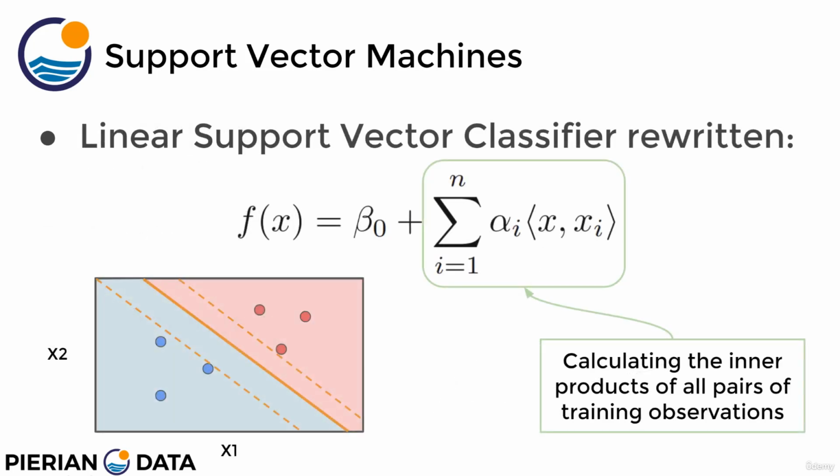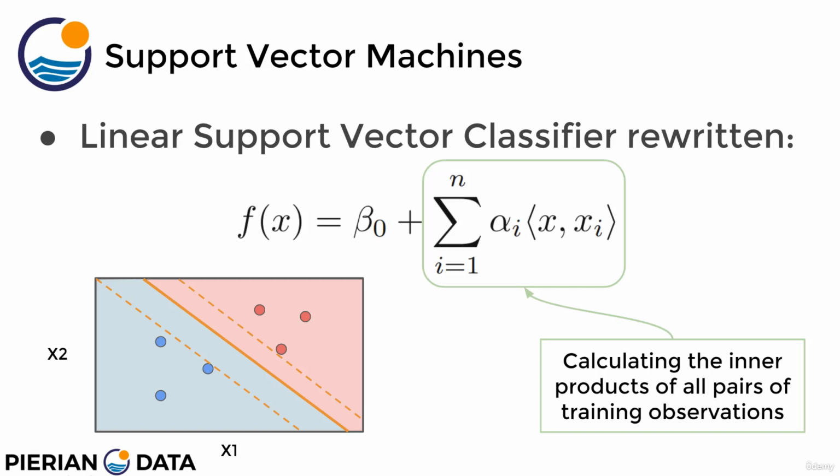We can think of a linear support vector classifier in terms of this inner product, where we can say that we have some function f(x) equal to beta naught plus the sum of some alpha term times the inner product of each pair of training points; we essentially calculate the inner products of all pairs of training observations. And you can check out the reading in Chapter 9 of ISLR for a more in-depth look, or you can check out the publication from Cortes and Vapnik as well as to why we're able to actually perform this calculation of inner products.